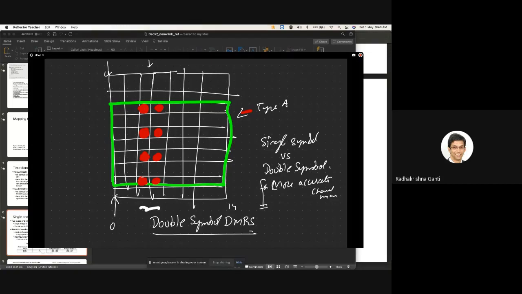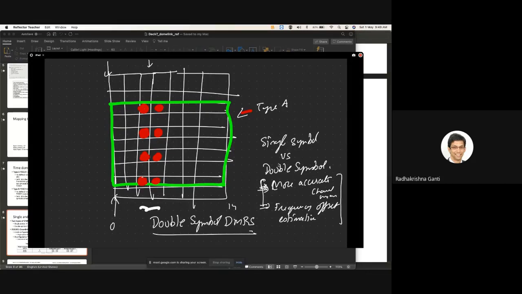With the double symbol DMRS, which are adjacent to each other, you can do frequency offset estimation. As Pandey sir told, one is, of course, you can get a better channel estimate. I'll come back to this point in 1 minute.